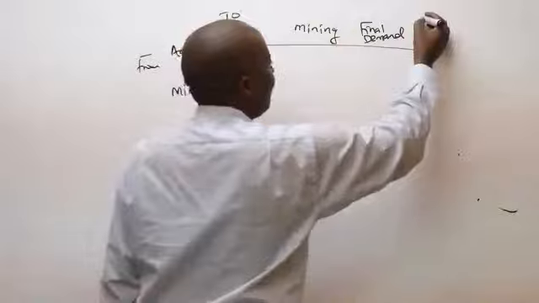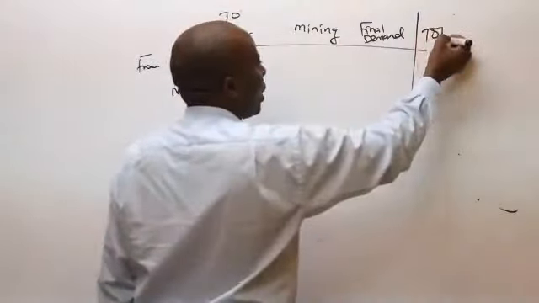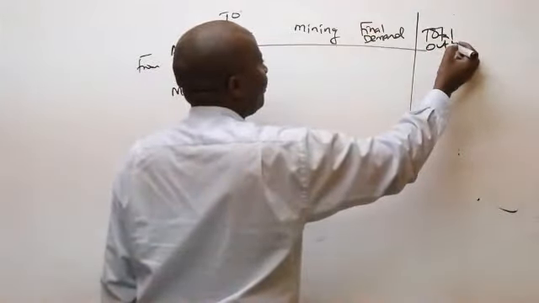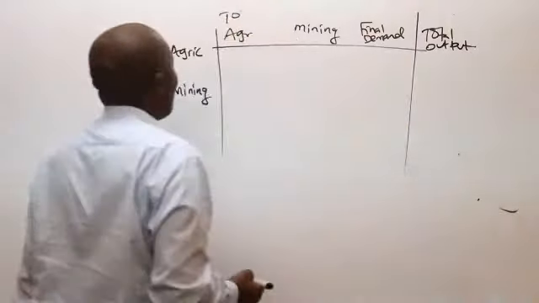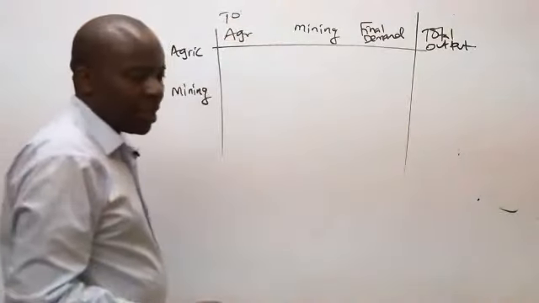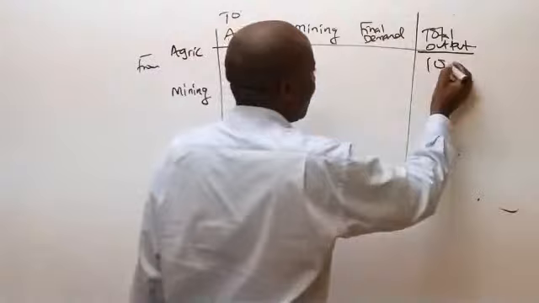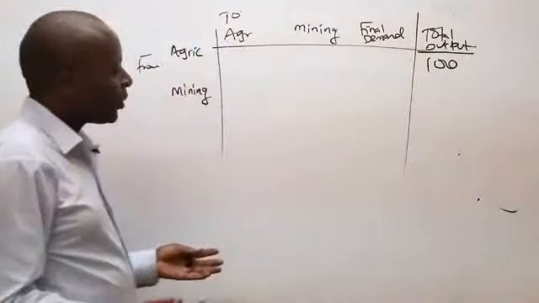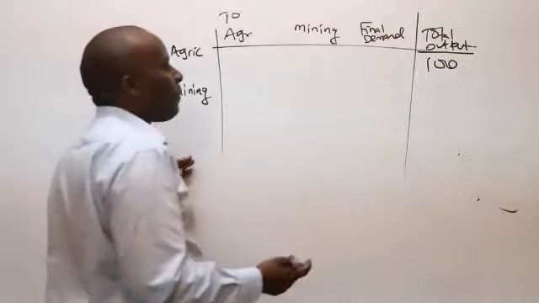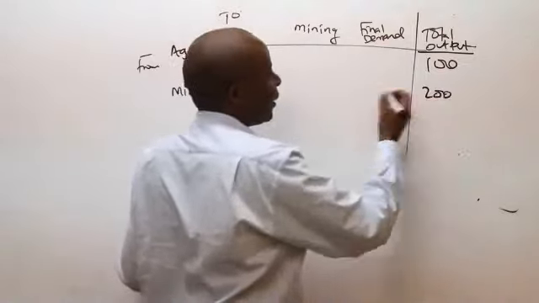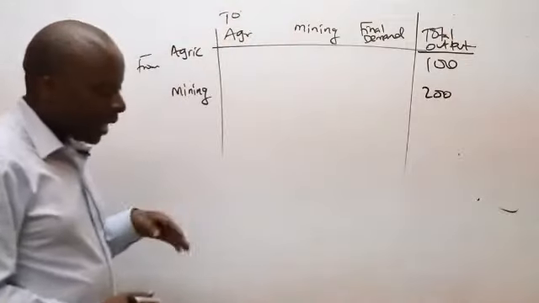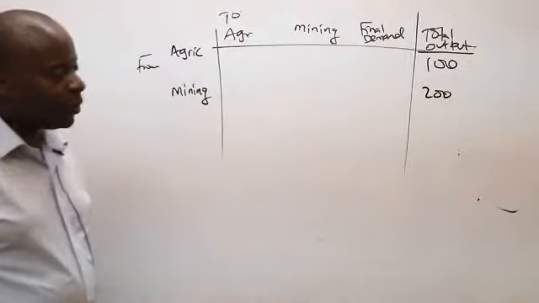It'll come and give you what we call the total output. It'll tell you that agriculture in the year produced 100 kilograms, could be 100 million kilograms, and for example, mining produced 200 kilograms of limestone. Limestone is quite useful.